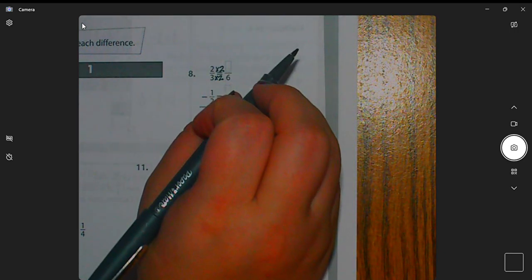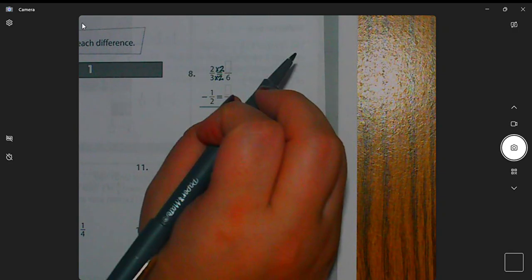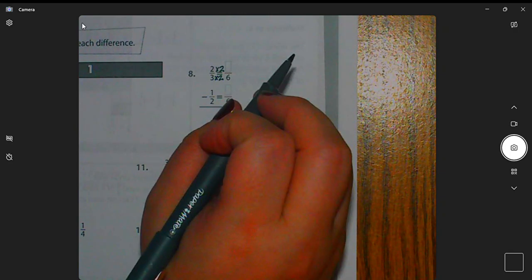So 2 times 2 is, right, it's 4. 2 to 6. How do I get from 2 to 6?